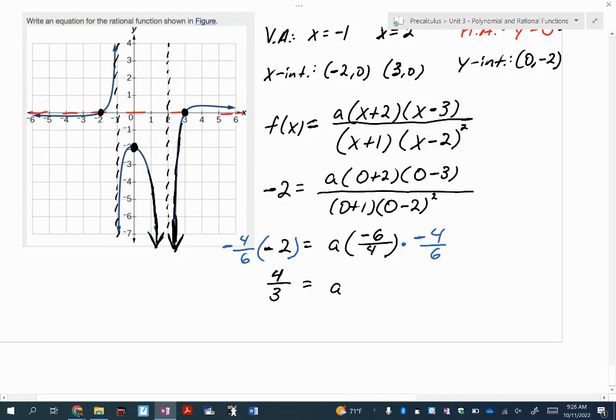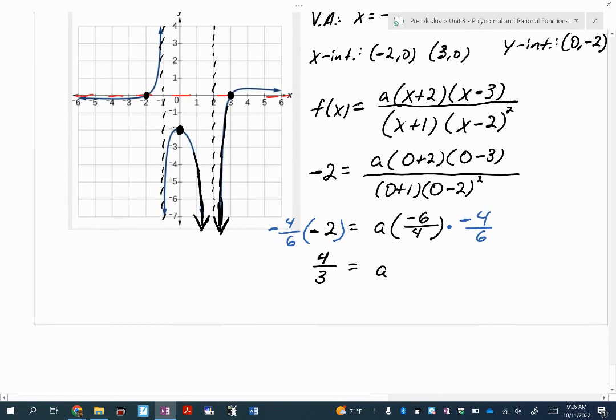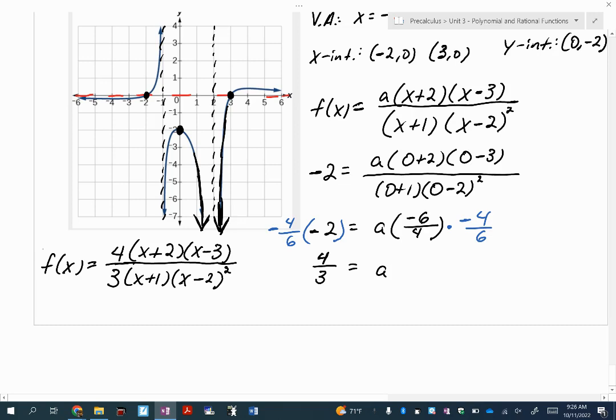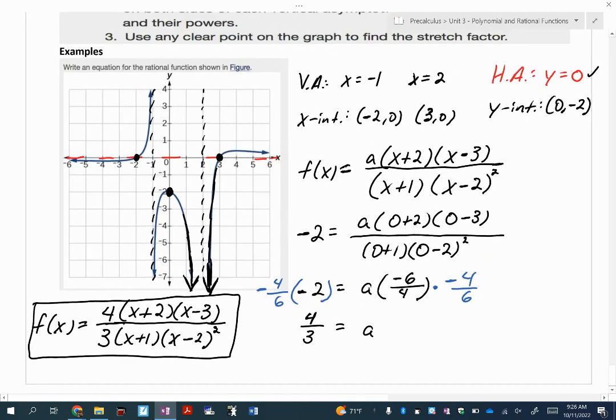Now, when you write this as the answer, you could write 4/3 out front, but because my rational function is a fraction, I'm actually just going to write the 4 on top and the 3 on the bottom. But it's your choice. Go back to before you found a: you had x + 2 and x - 3 on the top, and then x + 1 times x - 2, all of that squared, on the bottom. So this ends up being the answer for this particular rational function.